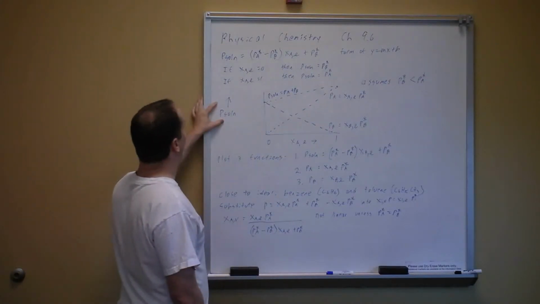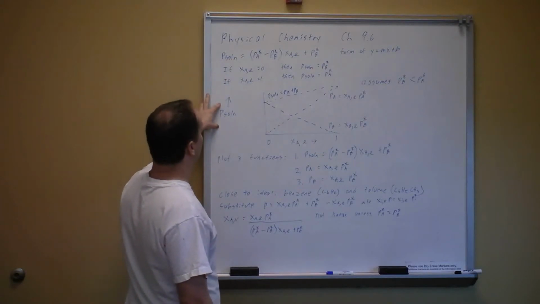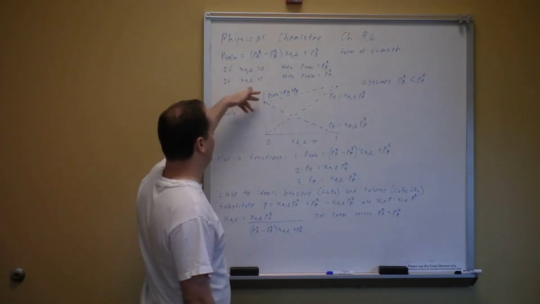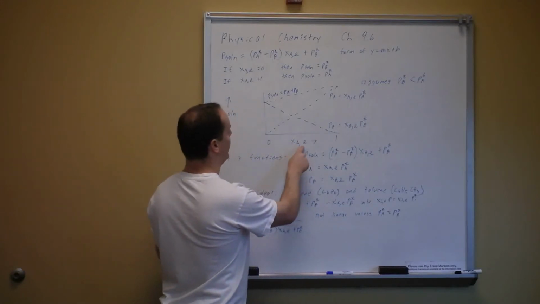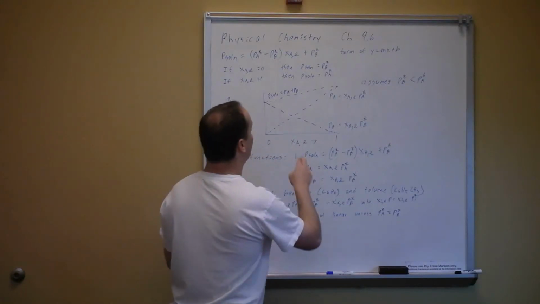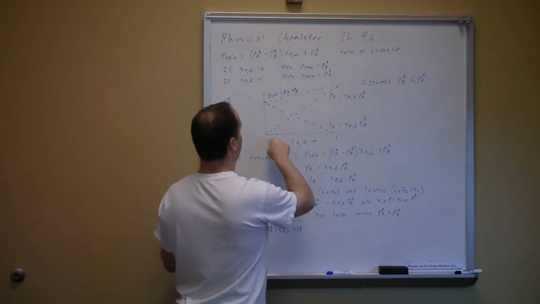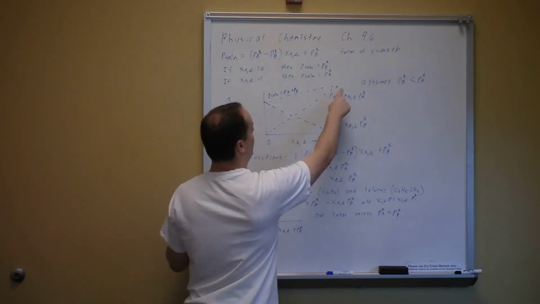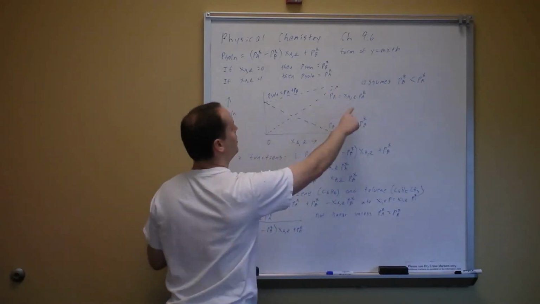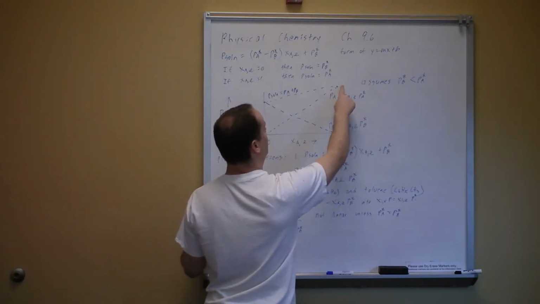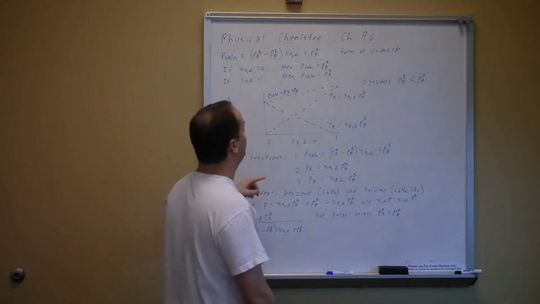So what we have here is a graph of the total pressure above our solution from 0 to whatever, against the mole fraction of A in the liquid phase, remember. So we have two lines here. One is for A going from 0 to 1 in mole fraction. So this is going to go up to the partial pressure of A unmixed.